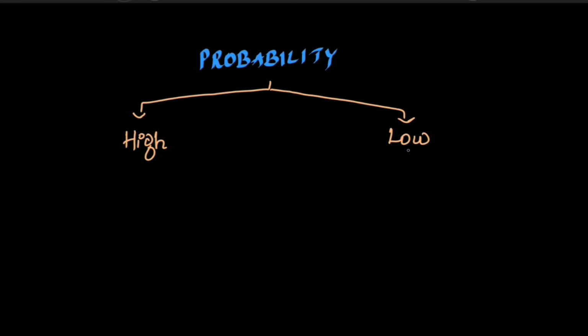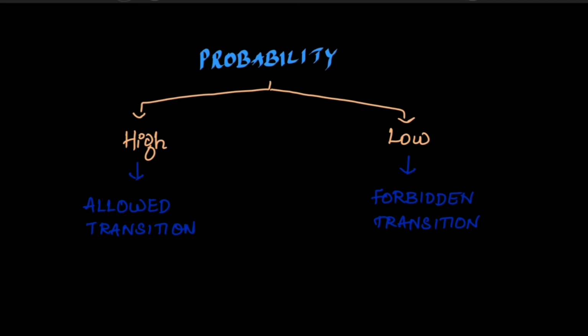So this particular term we can call that the probability is low to nil. When the probability is very high, we call such a transition an allowed transition. On the contrary, if the probability of any transition is very low, we call it a forbidden transition.